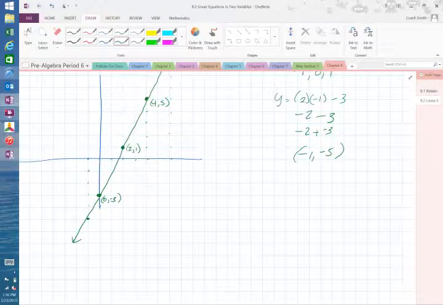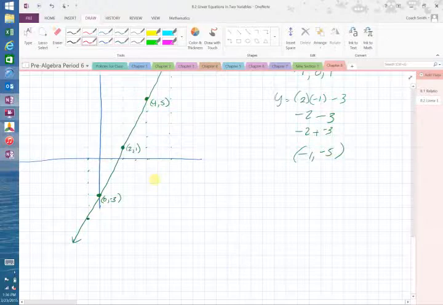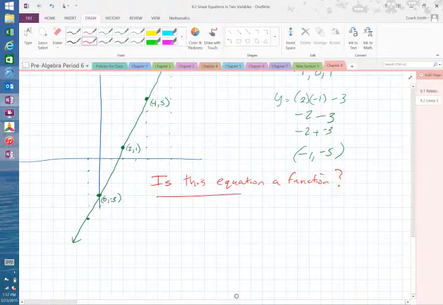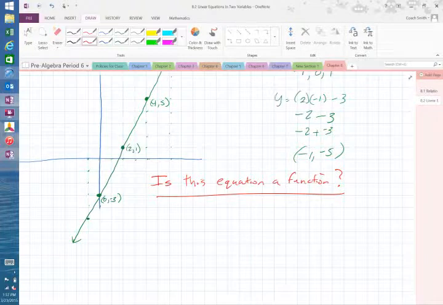Now, what the question wants you to answer is, is this equation a function? Well, when we were talking about graphing things the other day, we said that the vertical line test tells us whether it's a function.